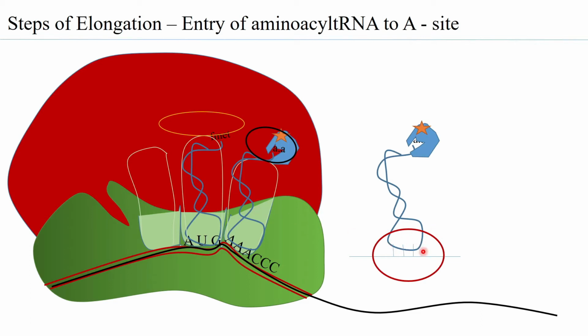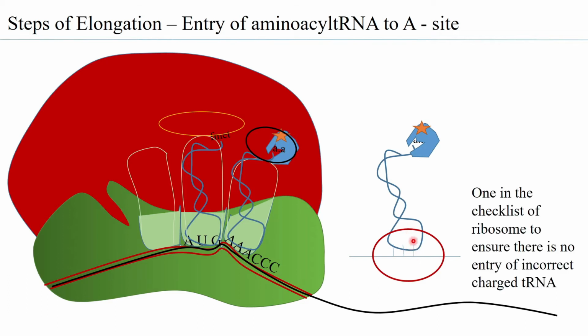So this is one mechanism by which the ribosome is ensuring fidelity. Another interesting point to note over here is that when you have the tRNA with its anticodon forming a stable interaction with the mRNA, then you would have the EF2-GTP positioned at the factor binding center.